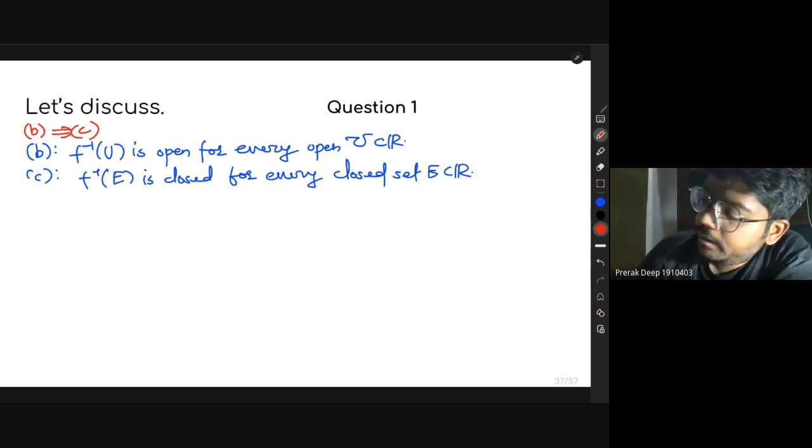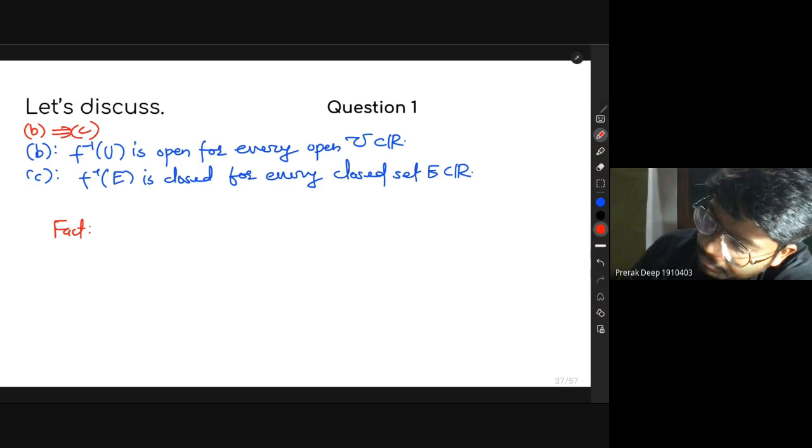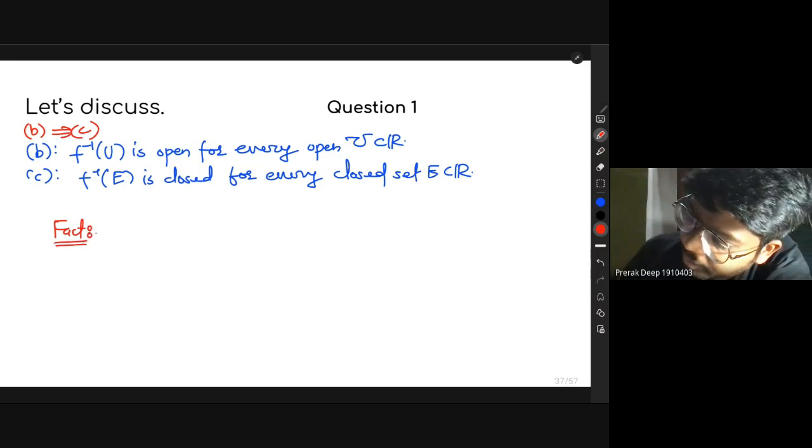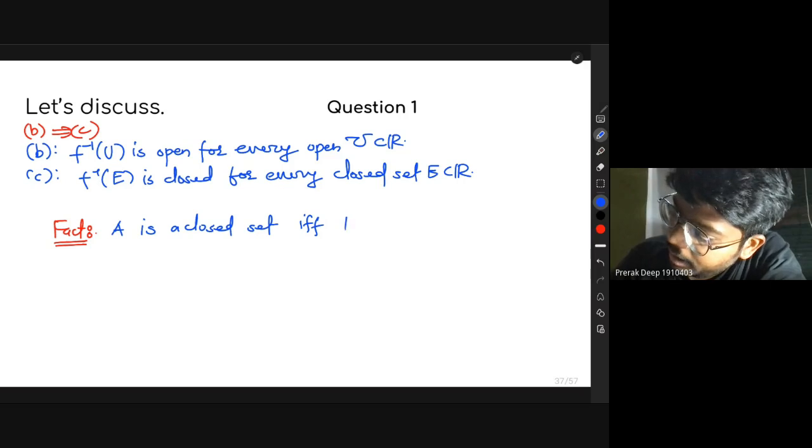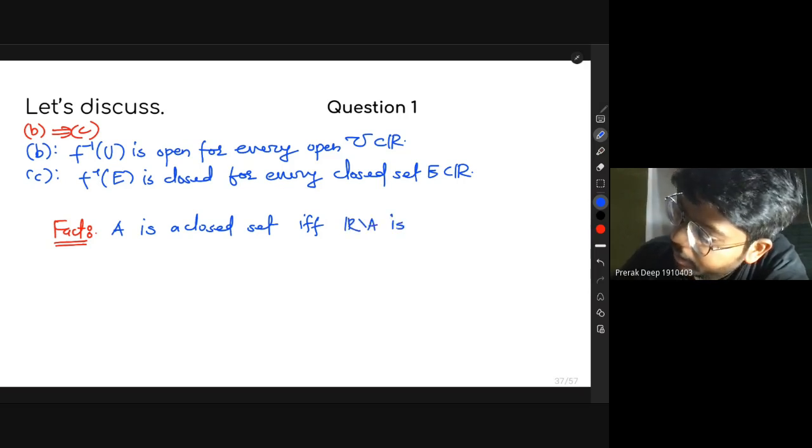We use one fact, which is: A is a closed set if and only if R minus A is open.